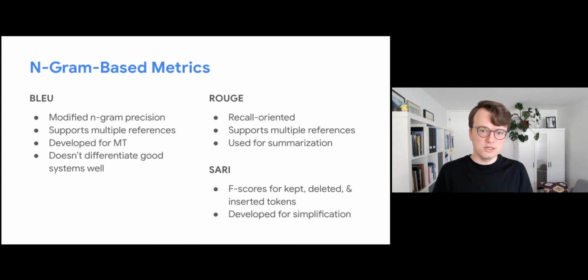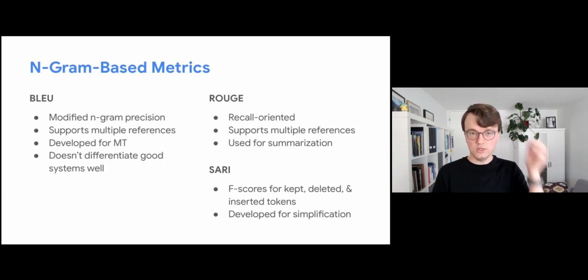And then I just want to mention a third one called SARI metric, which also splits the outputs to n-grams. But what makes it different from BLEU and ROUGE is that it also considers the input.